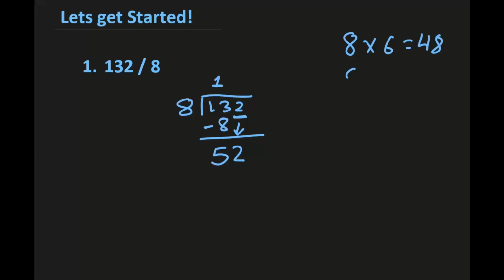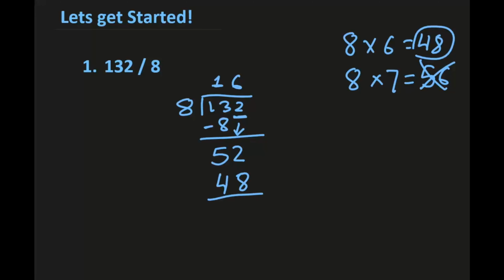But 8 times 7 would be 56. So 56 is not an option. We have to go with 48. So we're going to do 8 times 6, then we get 48.